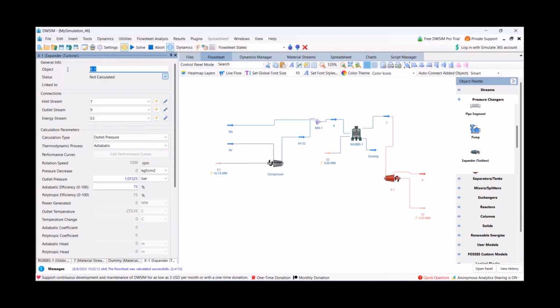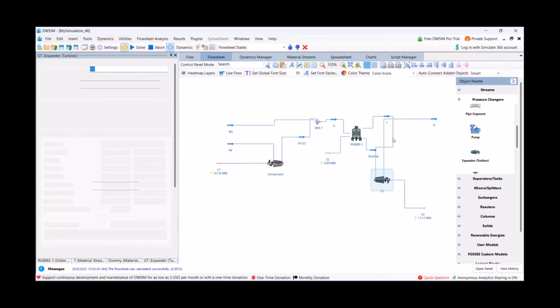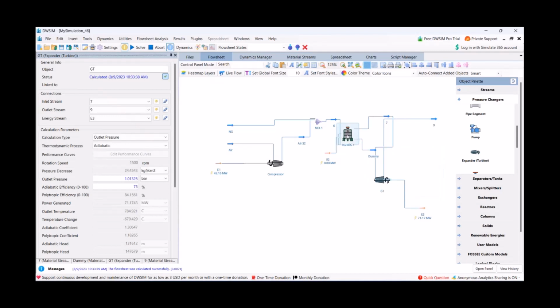And we will name it gas turbine, GT. And then solve it. It should be solved automatically, but I do not know why it's not getting solved. Okay, now we have it here. Yes, it's here.